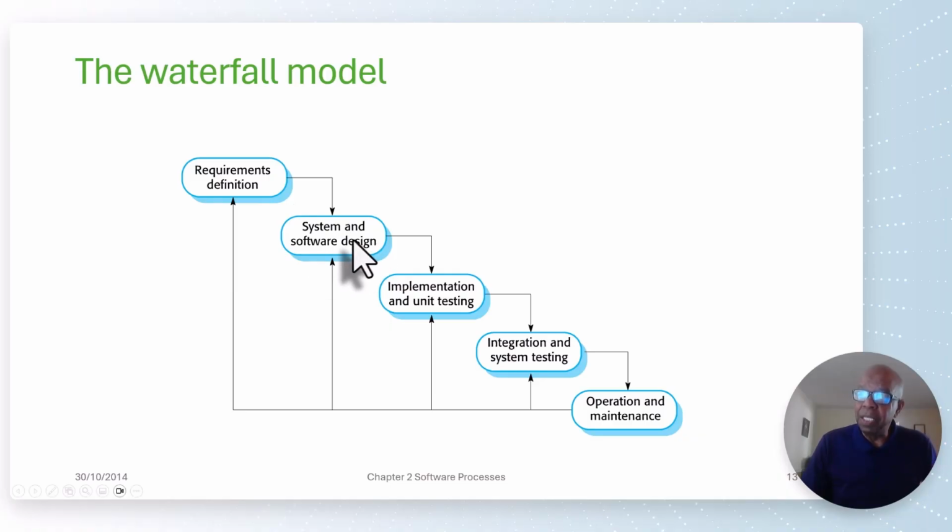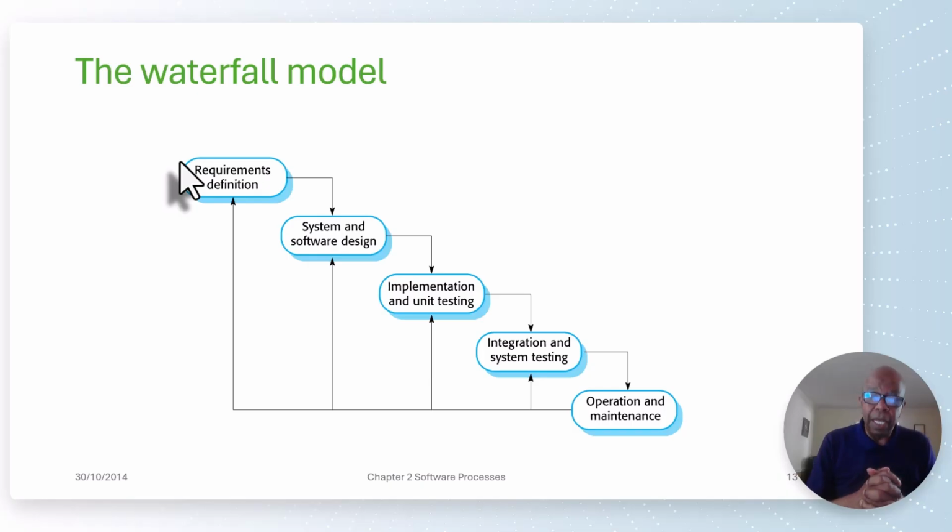When I come out of system and software design, I have everything that I need in order to start coding. The key thing about the waterfall model is that until a step is complete, it doesn't go to the next step.